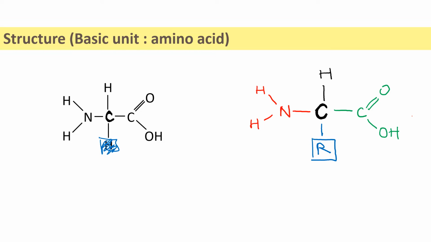Okay, so let's review this structure. The amino acid is made up of several parts that are common among different types, including this red part called the amino group. And the green part here called the carboxyl group.